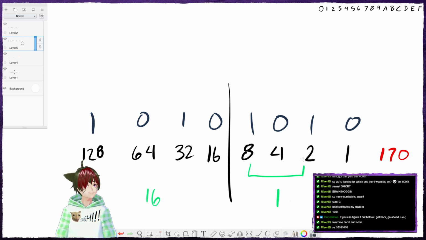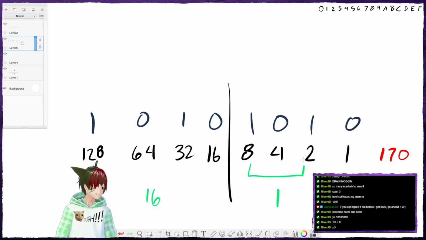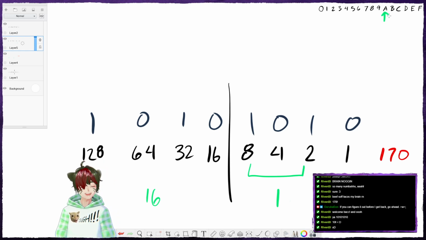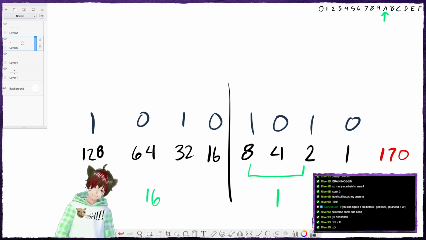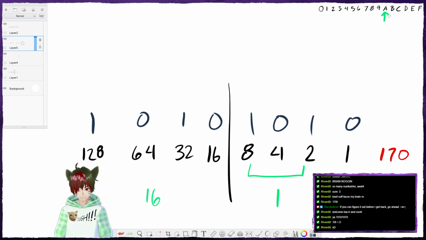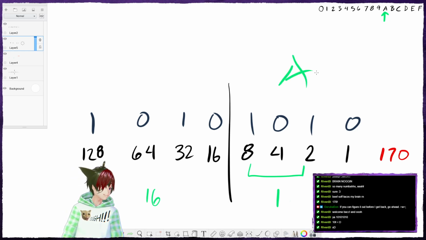What's 8 plus 2? Ten. You're wrong. The answer is A.